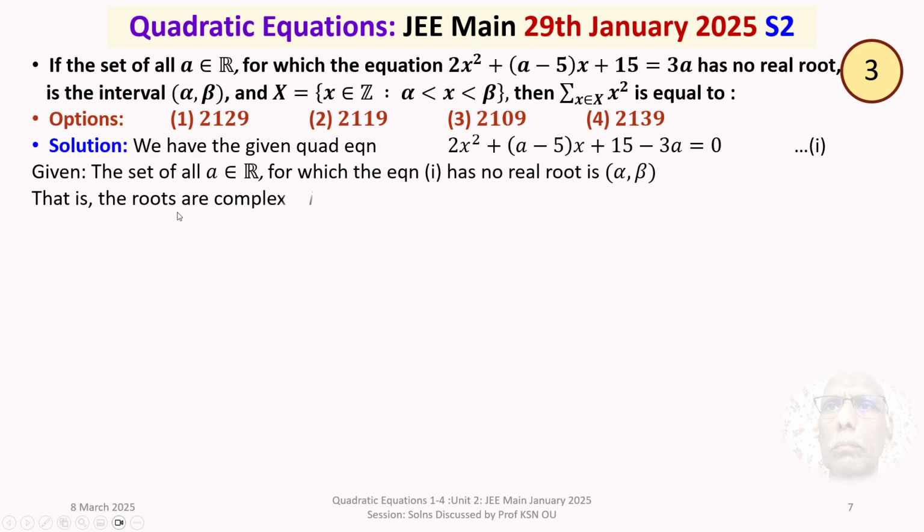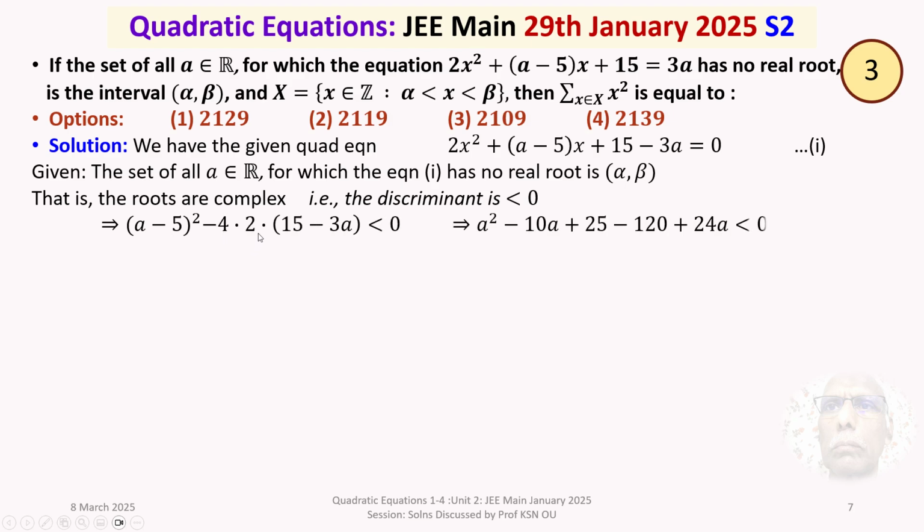That is, the roots are complex, that is, the discriminant is negative. b square, in our case, b is a minus 5, whole square, minus 4 into a, the leading coefficient, that is 2, into c, the constant term, 15 minus 3a, is less than 0.